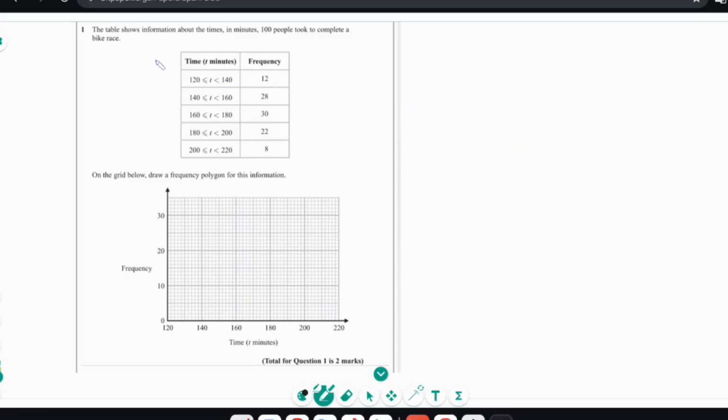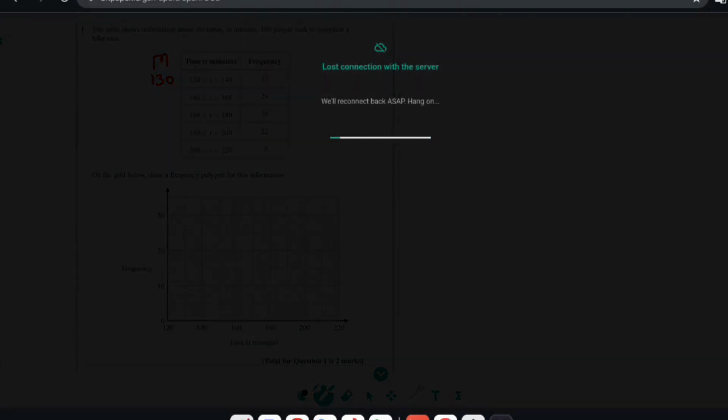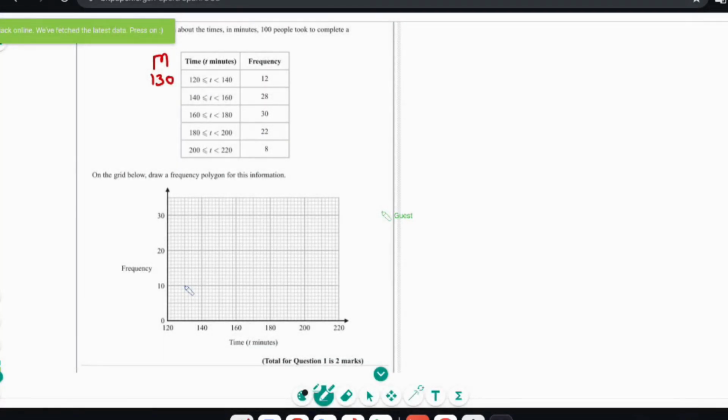So for a frequency polygon, we need the midpoint, which would be 130. And you plot the midpoint against the frequency. So 130 against 12. And that would be here, because the y-axis just goes up in ones for the mini boxes.